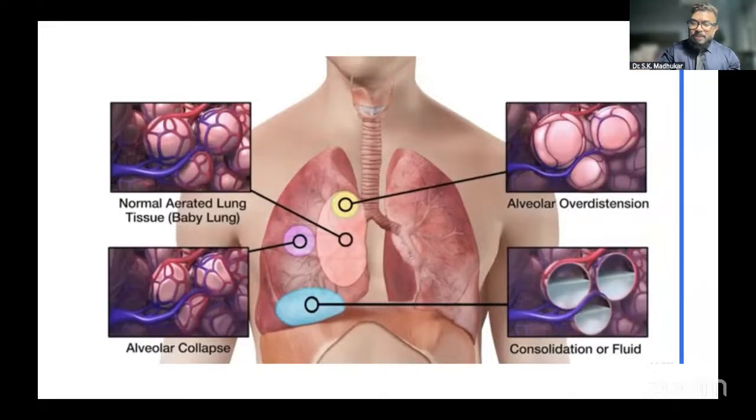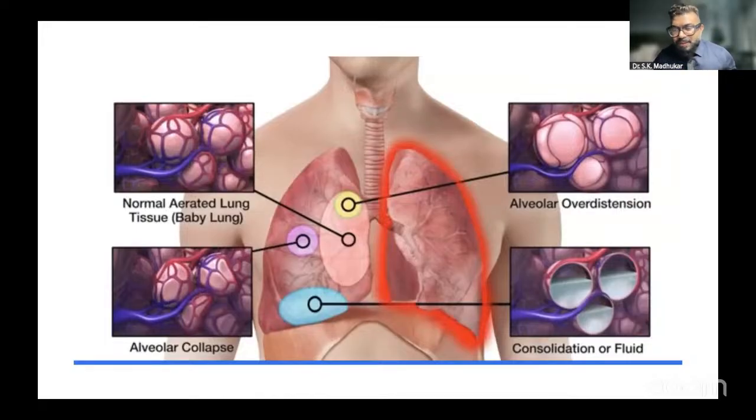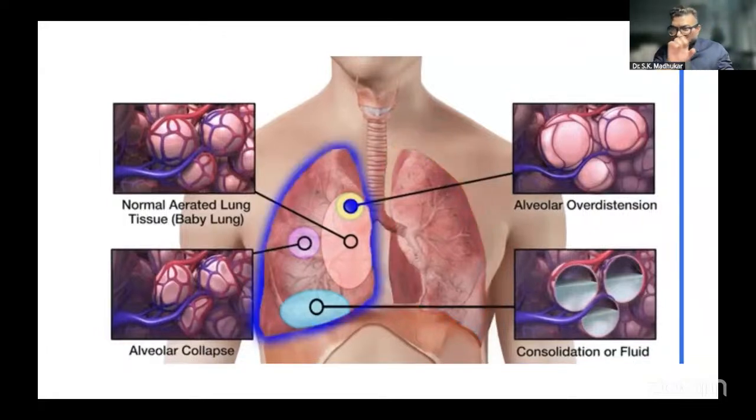To understand this, let's consider the left lung, which is encircled in red. Now, this is the normal lung. A normal lung can tolerate a tidal volume even greater than 8 ml per kg of body weight without any harm. But the abnormal lung, which is encircled with blue, is a diseased lung.